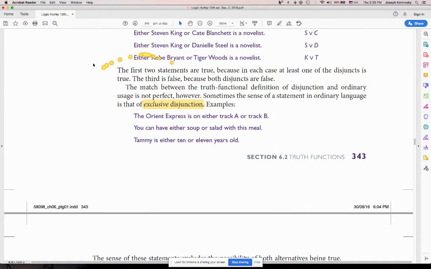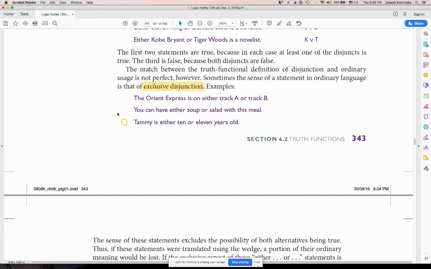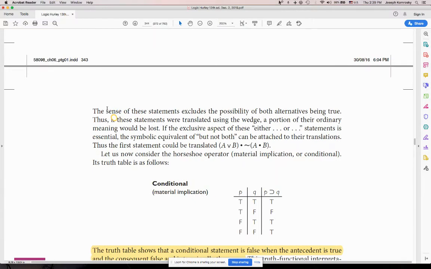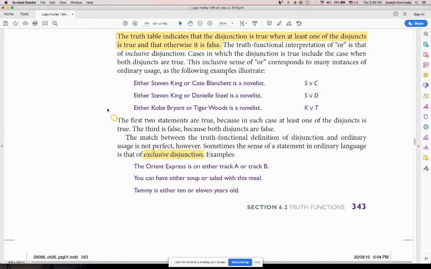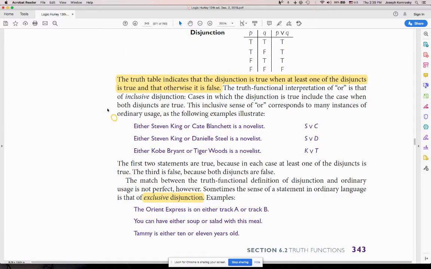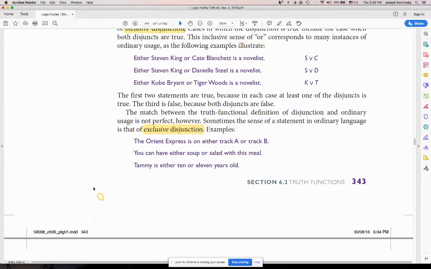So read about that up here, and then these examples. Inclusive, all-encompassing, or exclusive, these two are going to be talked about by Hurley.